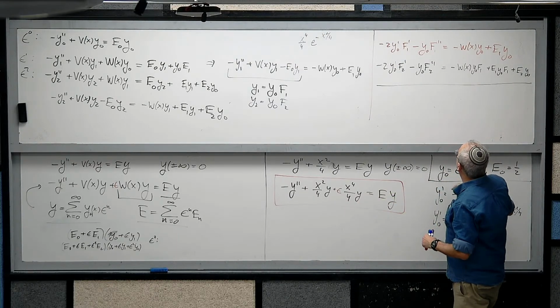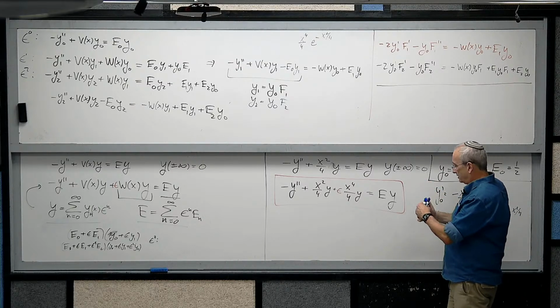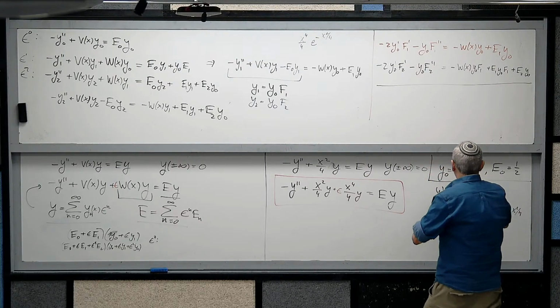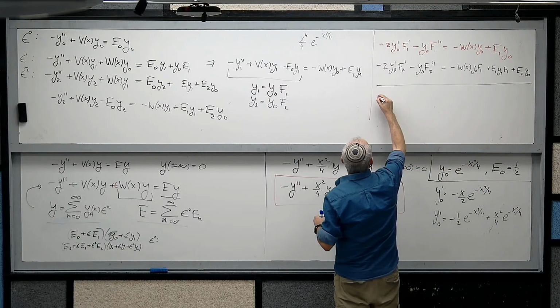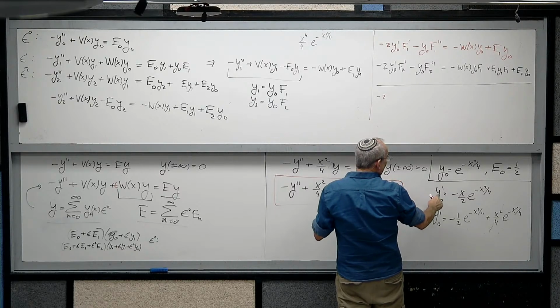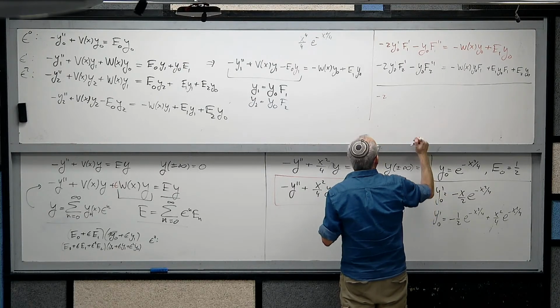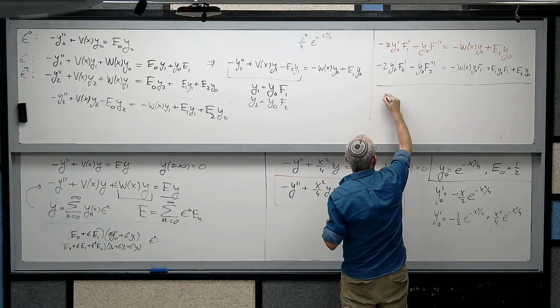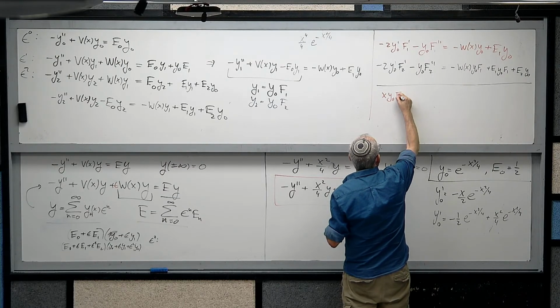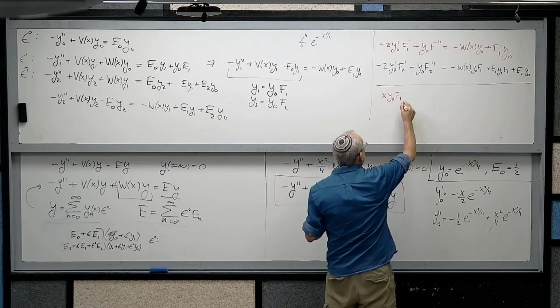And now let's take the red equation and write it the following way. Minus 2 times y naught prime, which is x times y naught, times f1 prime.